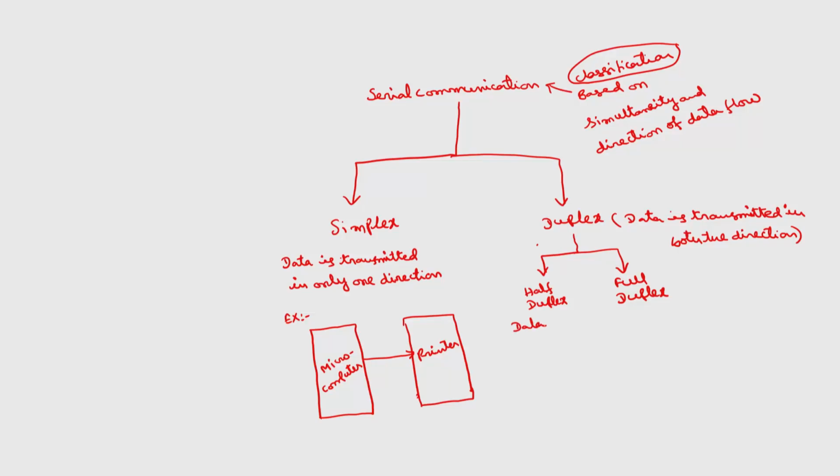In case of half duplex, the data will be transmitted in only one way at a time. Whereas in full duplex, data is transmitted both the ways simultaneously.